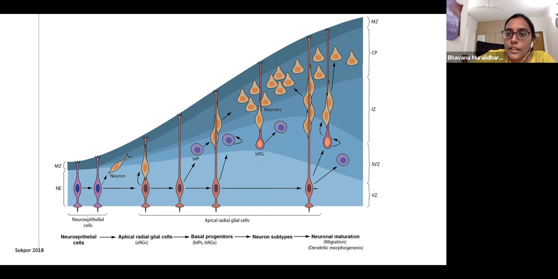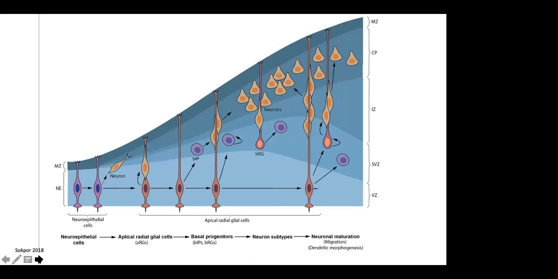So in the mouse, there are very, very few. The thought process in the field is that perhaps it was there in the mouse in evolution, but a few, and it just expanded in humans and gave rise to an entire new zone called the outer SVZ, which I'll show you when I talk about human brain development. And because the outer radial glia are in the OSVZ, they are also called the outer radial glia.